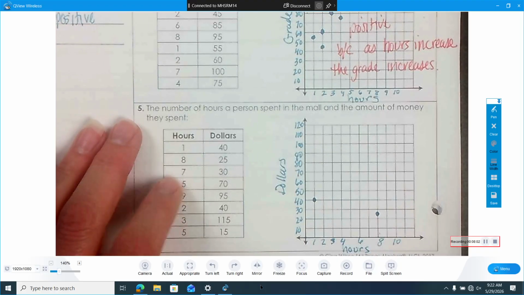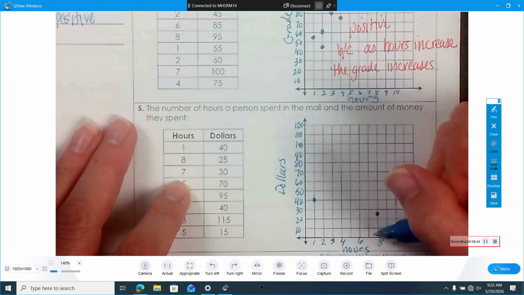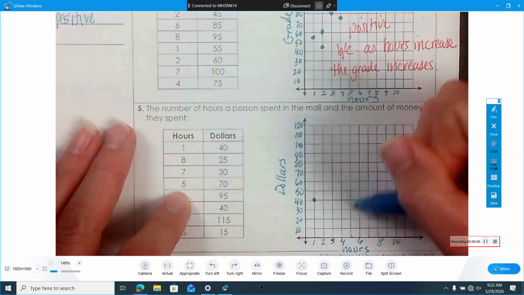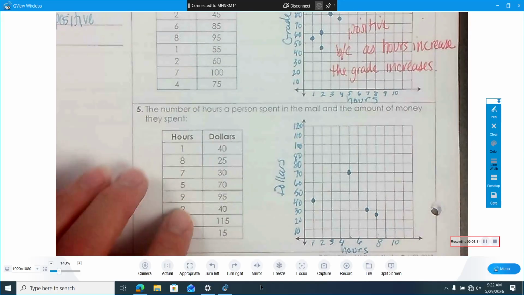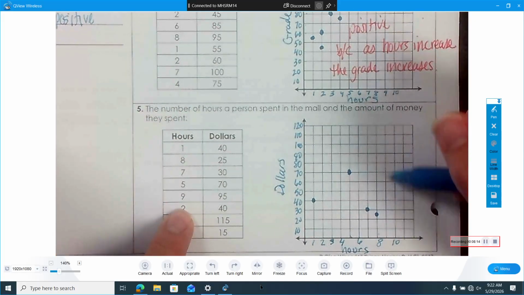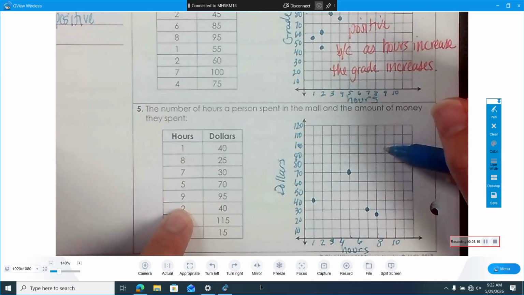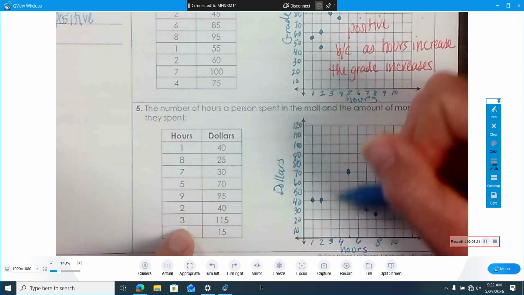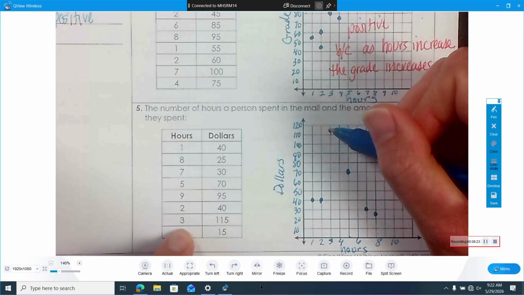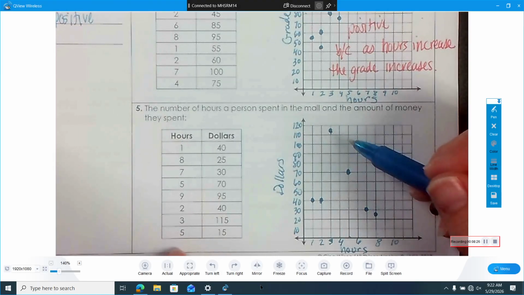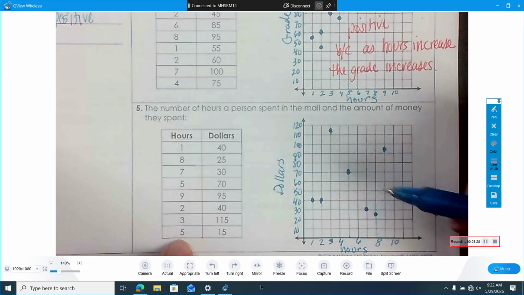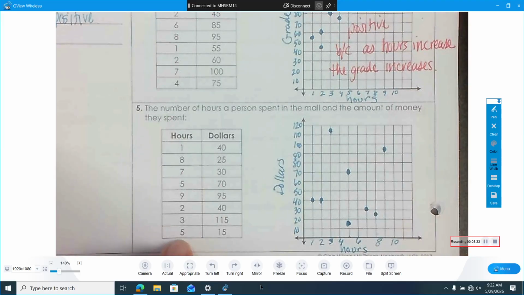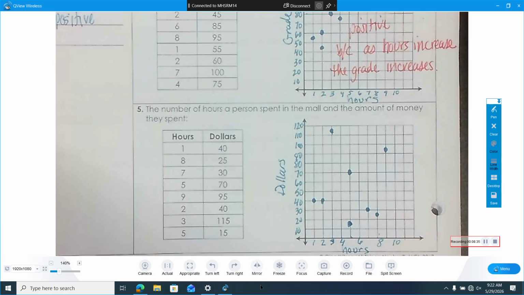I wonder if they were doing their steps. 7 hours, $30. 5 hours, $70. 9 hours, $95. 2 hours, $40. 1 hour, $115. They must have bought a pair of shoes. 5 hours, only $15. They went to the movies.